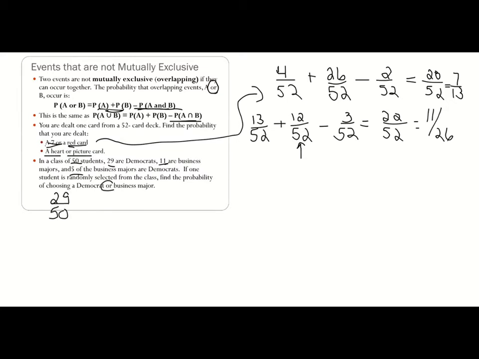We have the word "or" there, so we're going to add 11 business majors. But 5 of the business majors are also Democrats, so we have to subtract our overlap of 5. When we do the math, we end up with 35 over 50, which simplifies to 7/10.